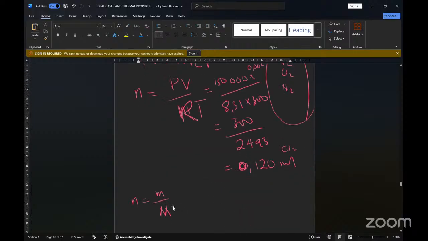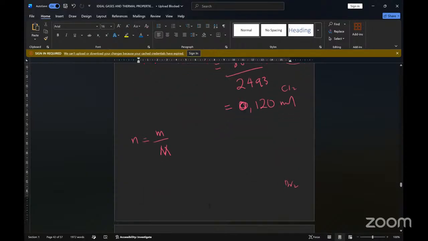We know that one. So here we can make the molar mass the subject. Again, our cross multiplication can help you make the molar mass. So the molar mass is equal to the mass over the number of moles. Remember, molar mass is capital, mass is small.